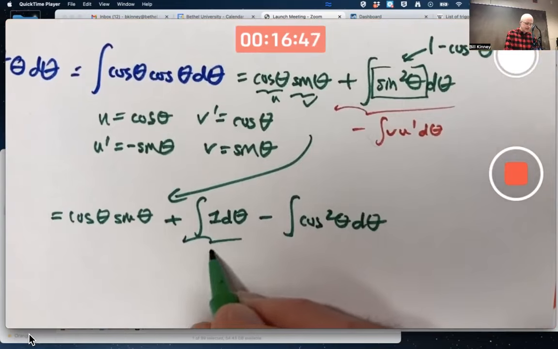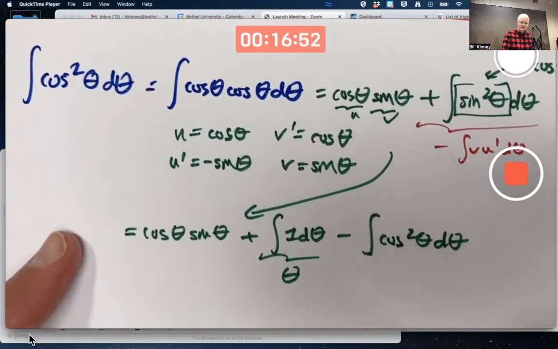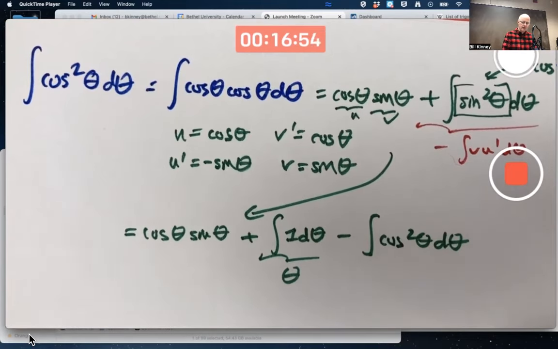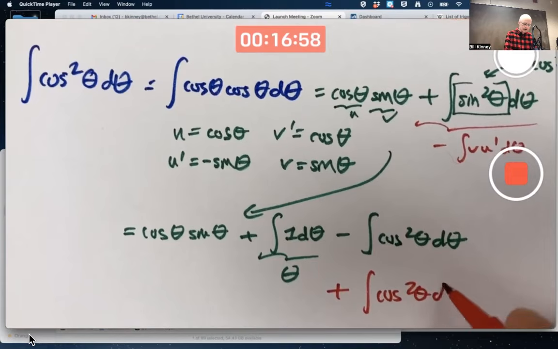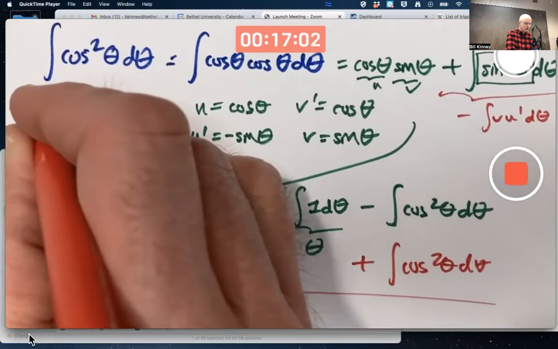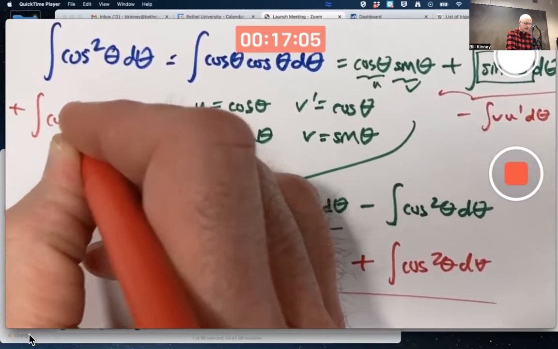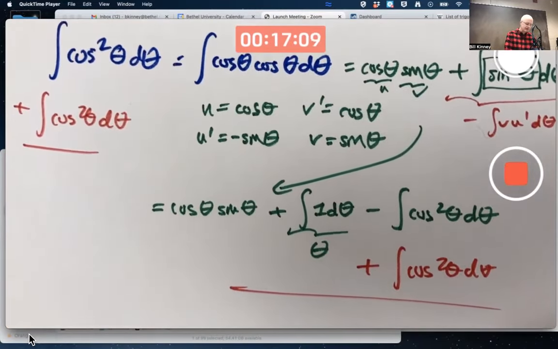This integral is nice and simple. That's just theta. Now add the integral you want to know to both sides to cancel it on the right, and get 2 times it on the left. I add it to one side, I got to do it the same to the other side.